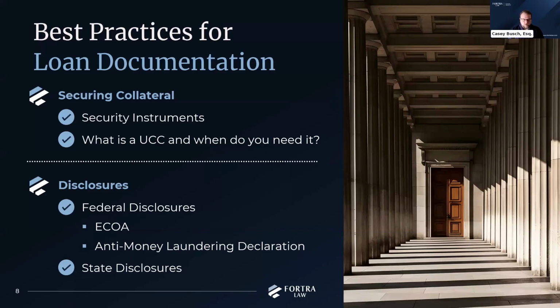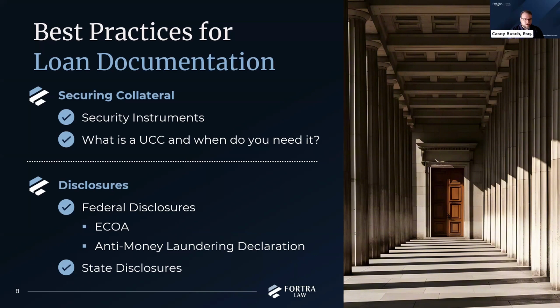And it also gives you priority in foreclosure. If you were to foreclose on a property, and you're in first position because you recorded your deed of trust or mortgage, then you're going to have essentially the right of way. All the mortgages and deeds of trust below you would be wiped out by your foreclosure. So it is important to get that security instrument.